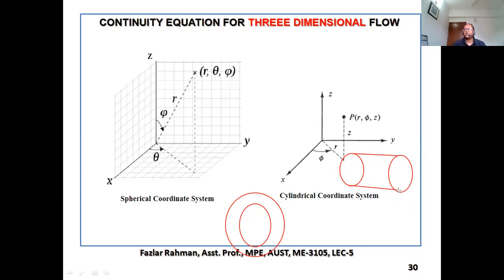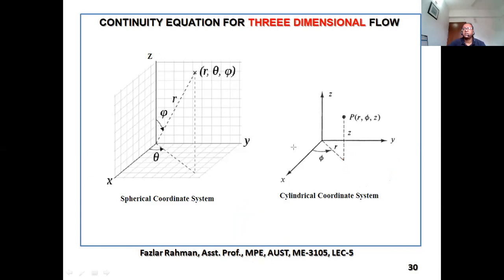An aircraft body is not perfectly cylindrical, but somehow you can simplify it as a cylindrical body. Then like a boiler, you would like to study the water flow or the flow of steam inside the boiler, then you need to use the cylindrical coordinate. In that case, your coordinates will be r, phi, then z. Okay. So don't be scared.